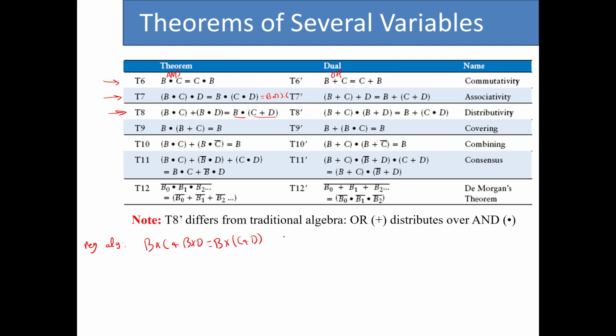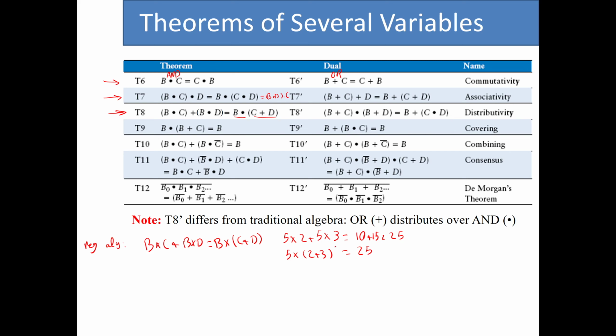So let's say B is 5, C is 2, and D is 3, right? So this equals 10 plus 15, which is 25. The other way, 5 multiplied by 2 plus 3 is again 5 multiplied by 5, which is 25, right?